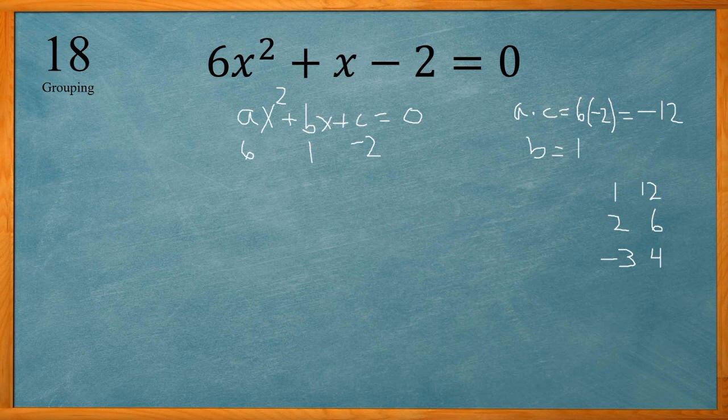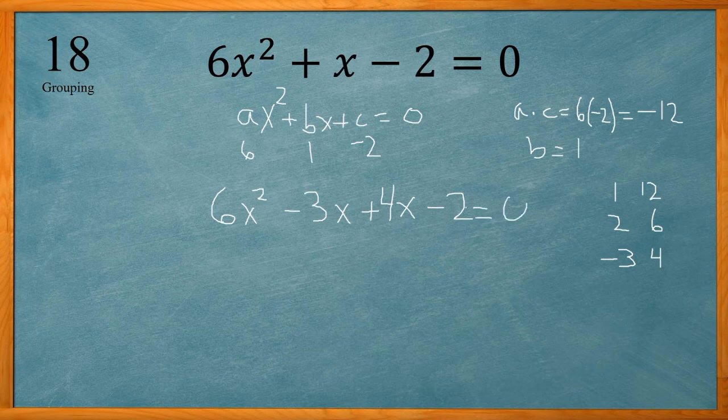Okay, so once we know those two numbers, we're going to rewrite our equation. Okay, you're going to keep the 6x squared, but you're going to change the x term to be negative 3x plus 4x. Those are the two numbers that we just found, negative 3 and positive 4.